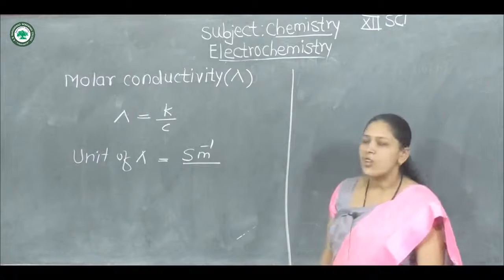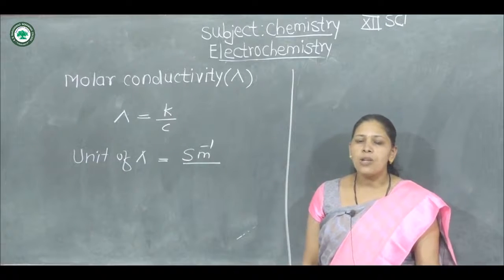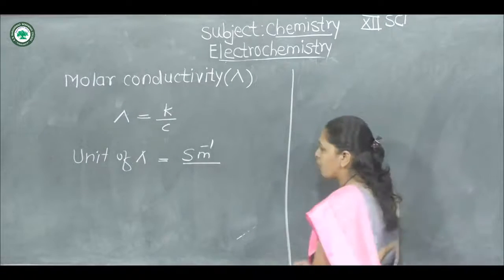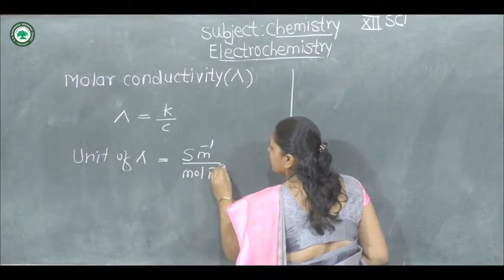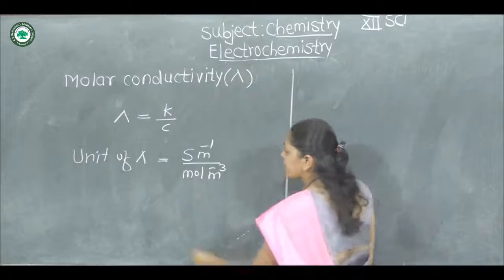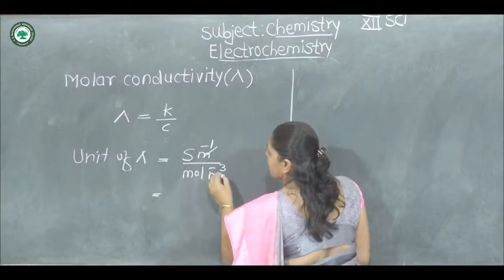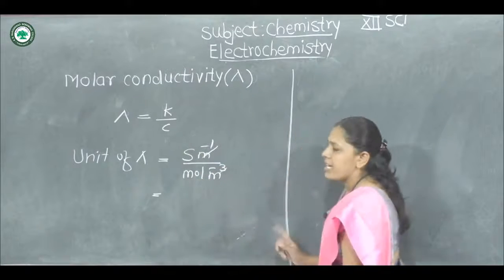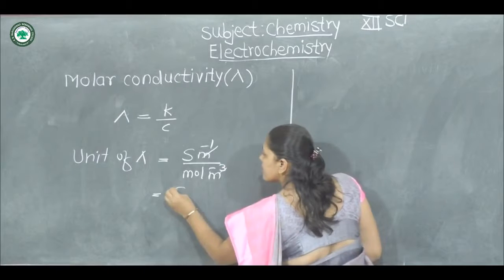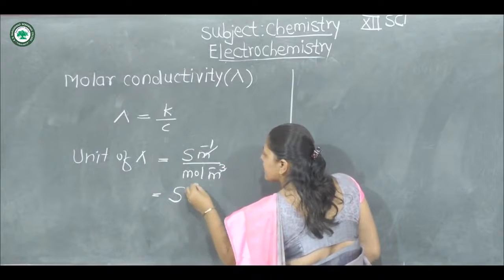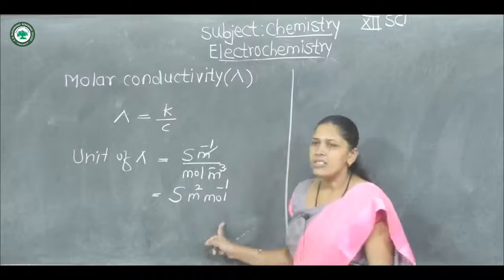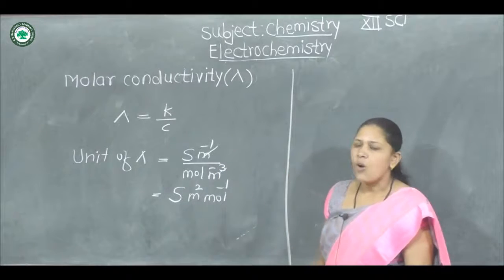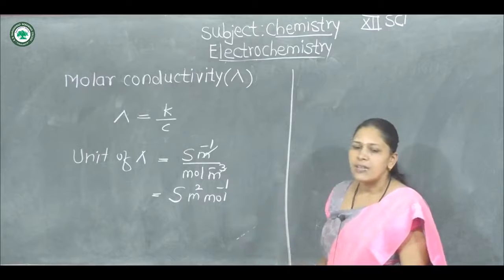SI unit of concentration is mole per meter cube. Then meter inverse and meter inverse get cancelled. Remaining is Siemens meter square per mole. This is the SI unit of molar conductivity.